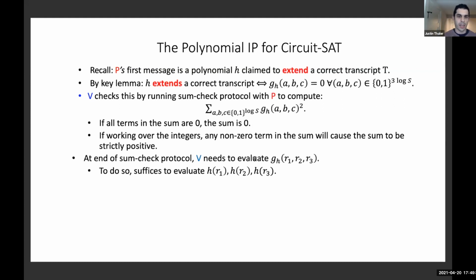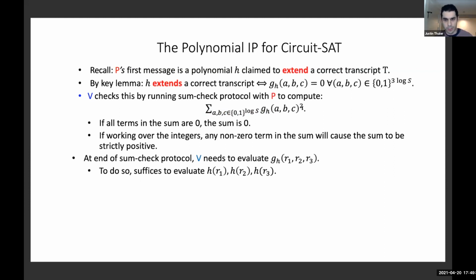We know that H extends a correct transcript if and only if this related polynomial vanishes at all Boolean inputs. Let's imagine for a minute that we're working over the integers. Checking whether G sub H evaluates to 0 at all Boolean inputs is equivalent to checking whether the sum of the squared evaluations of G is 0.